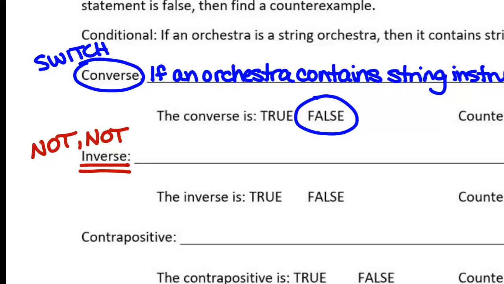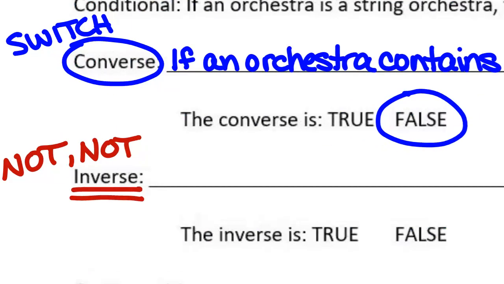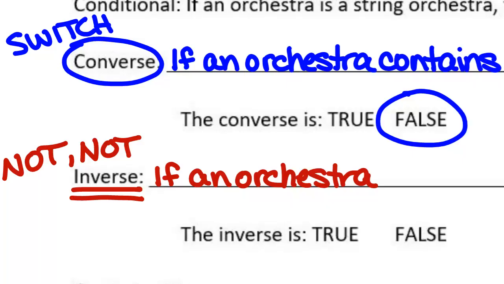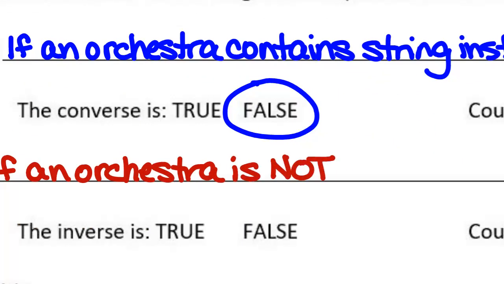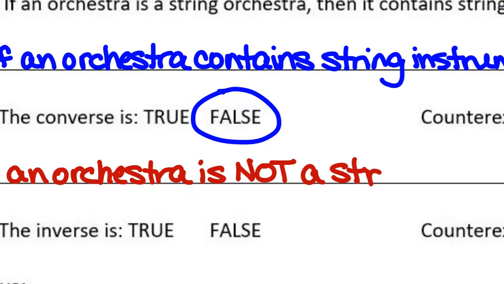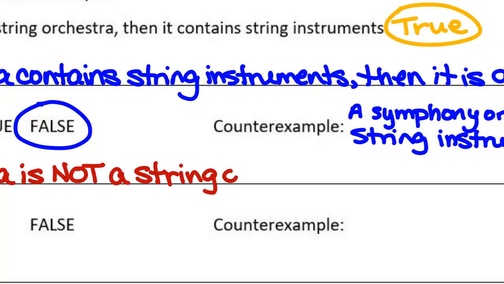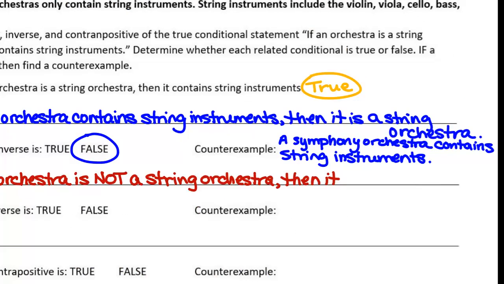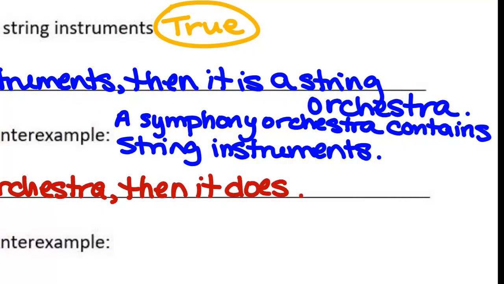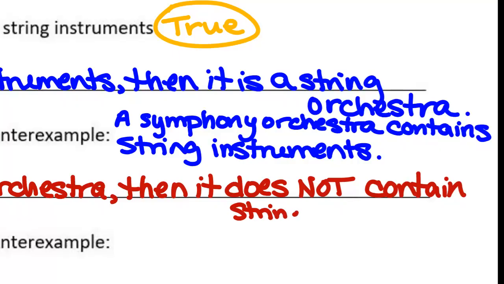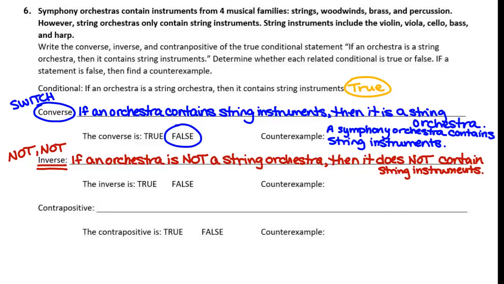If an orchestra is not a string orchestra, then it does not contain string instruments. That's absolutely correct.